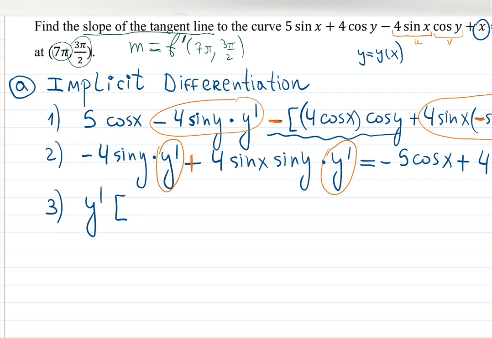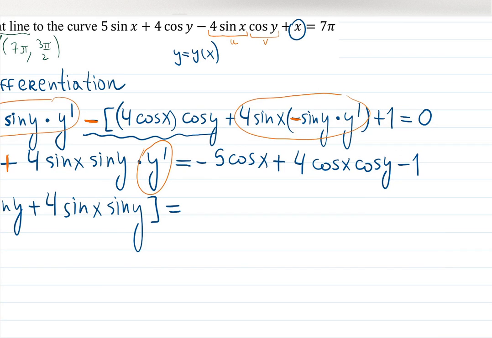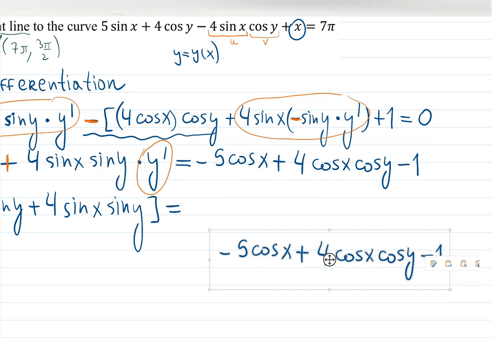Y prime times brackets negative 4 sine y plus 4 sine x sine y, closed brackets. The right-hand side stays the same. You rewrite it. I'm going to copy it and paste.